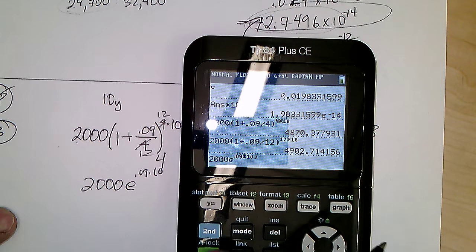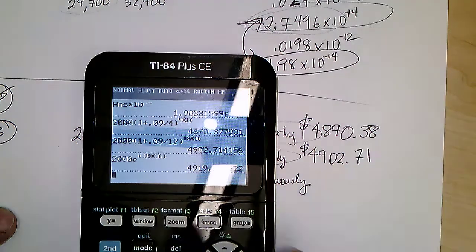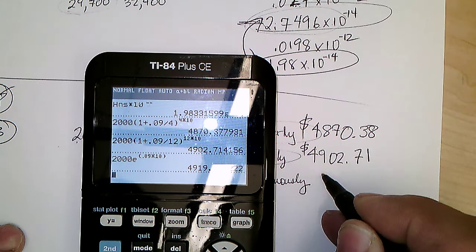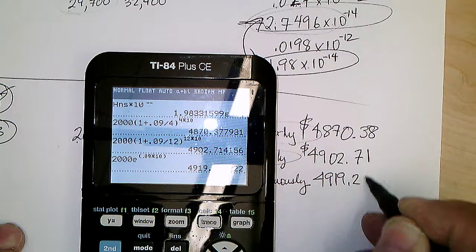And I should put that in parentheses. Don't have to on this calculator, but if you're doing an older calculator, you need to put that in parentheses, and we get a little bit more if it's compounded continuously. 491921.